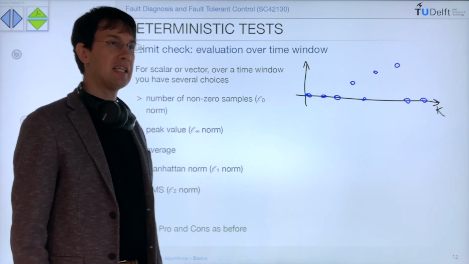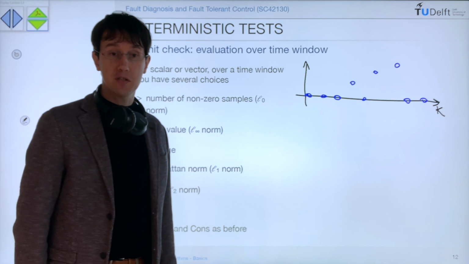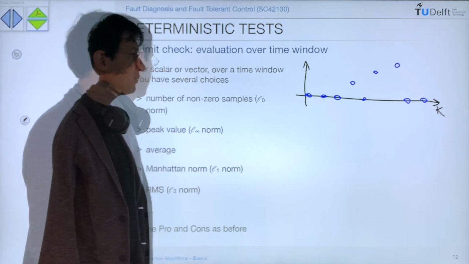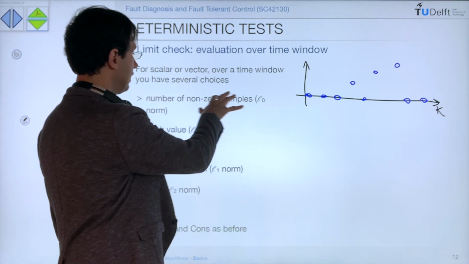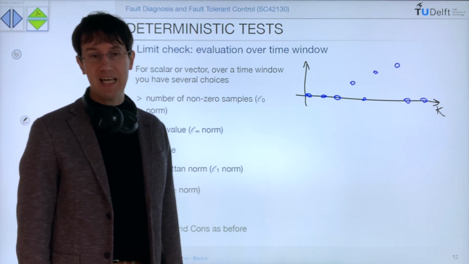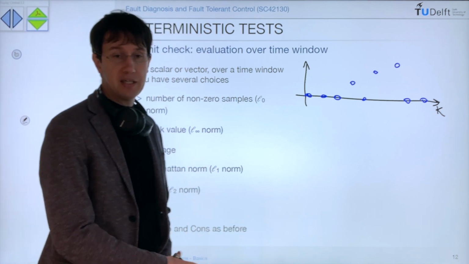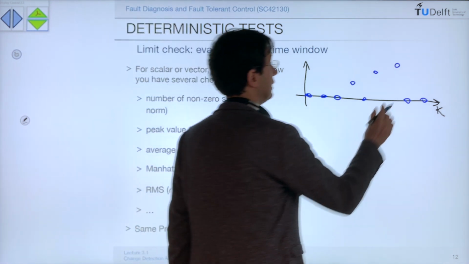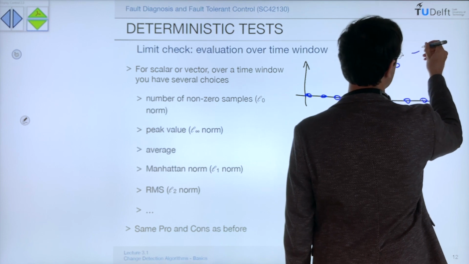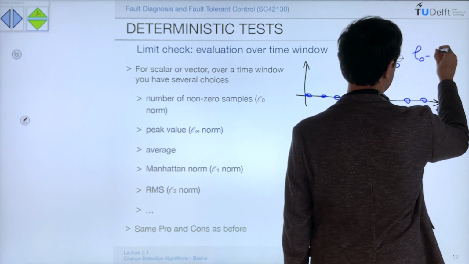So let's say at every time, I consider the last 5 seconds of my signal, and I check. What I'm going to check? Well, the first thing that we can do is to use what is called the L0 norm. So again, we have a way of defining a norm based on a number. So we had the 0 norm previously when we looked over space. When we look over time, we have the L0 norm.